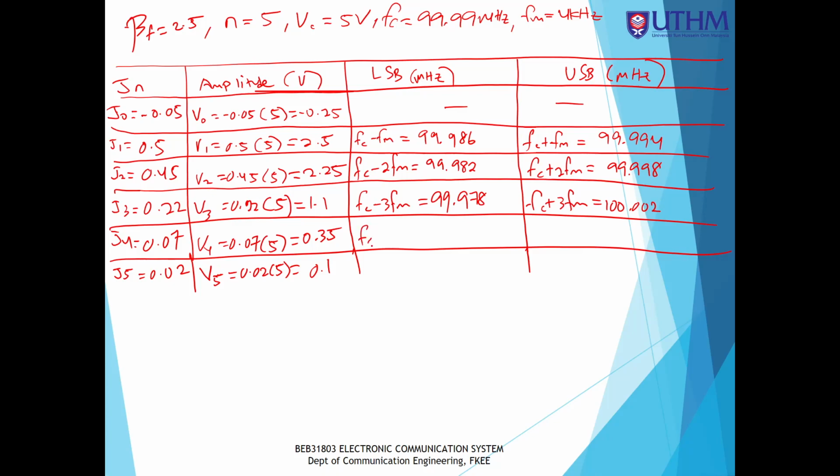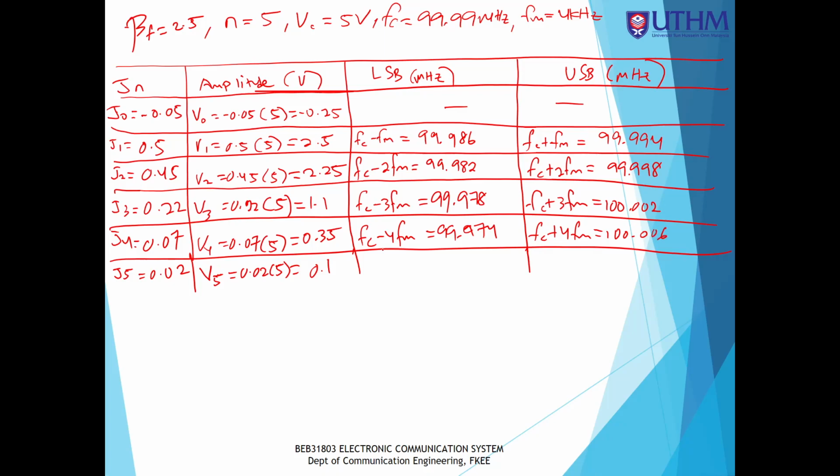And then Fc minus 4 Fm is 99.974. Fc plus 4 Fm is 100.006.